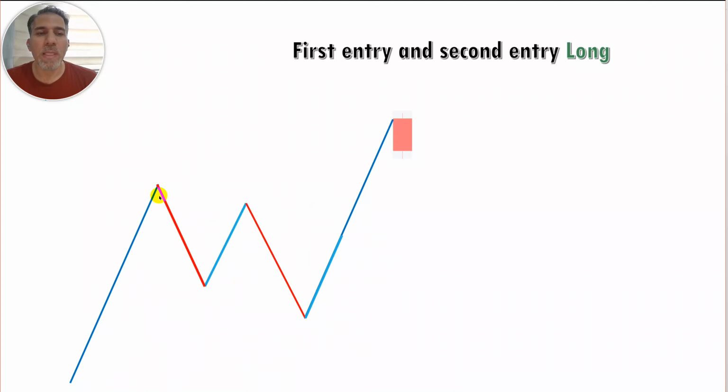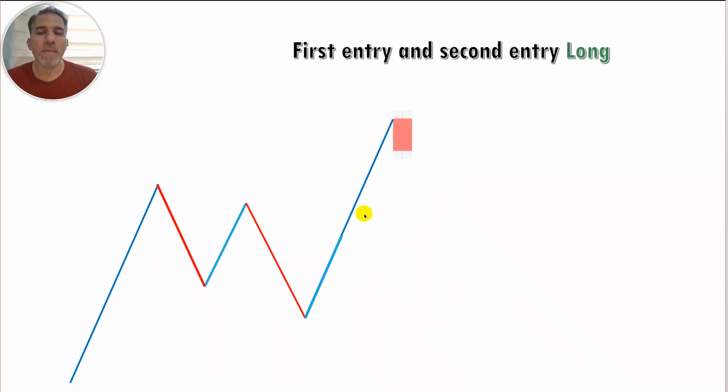If you're counting the legs based on the GAN, you have to go back if you don't know it. Sometimes you're using GAN legs. Sometimes you're using valid pullback legs, where you add more filters on the GAN legs based on the context of the market. Now here we have the pullback.